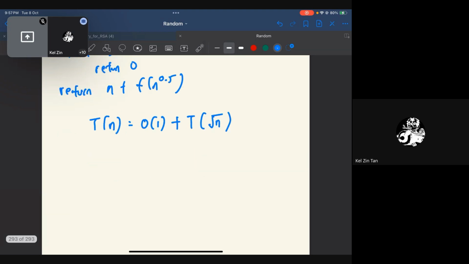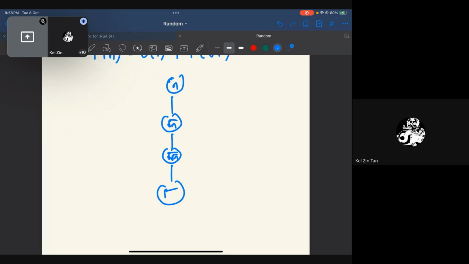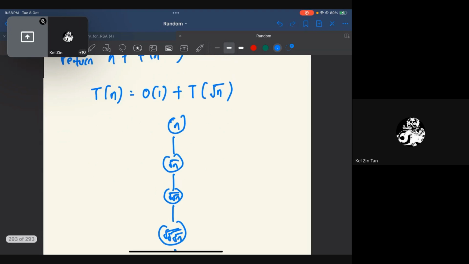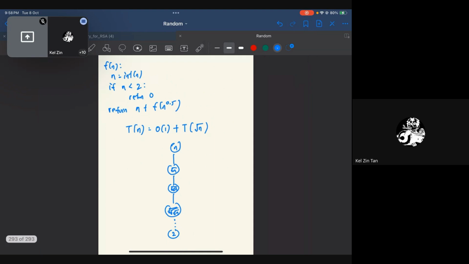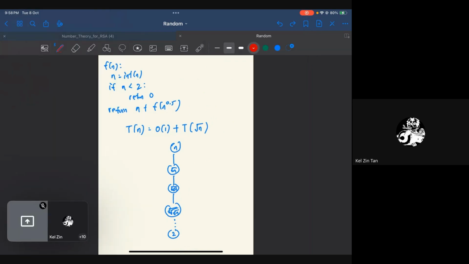So the tree that we can get is, first, we have n, and then we get square root of n, and then square root of n again, and then square root of n again, until we become maybe something like 2. In each node, this is O(1), this is O(1), this is O(1), and this is O(1).